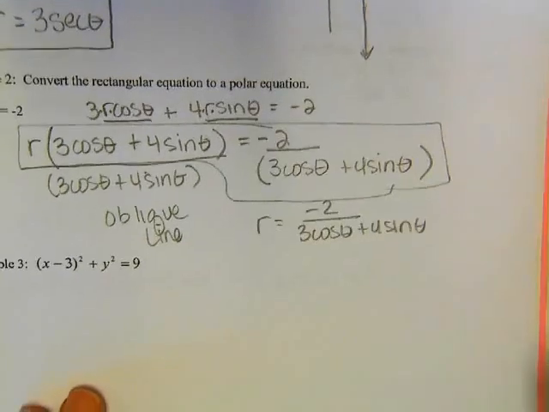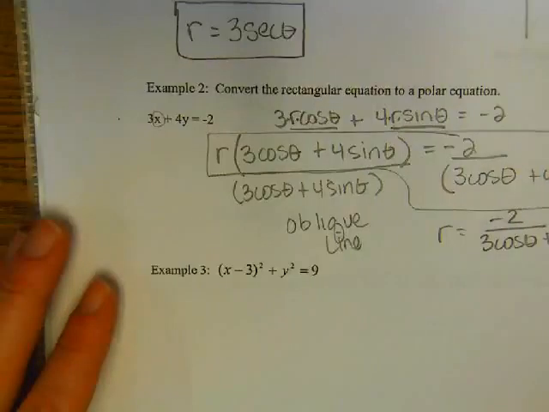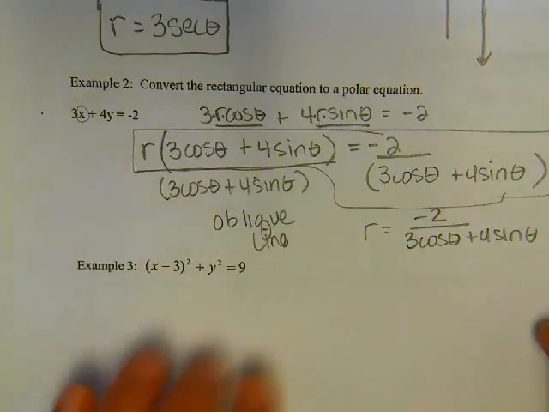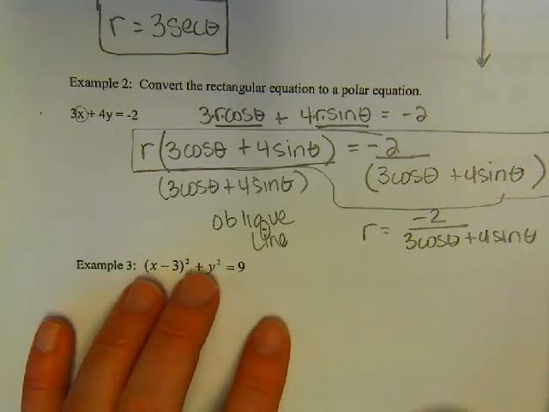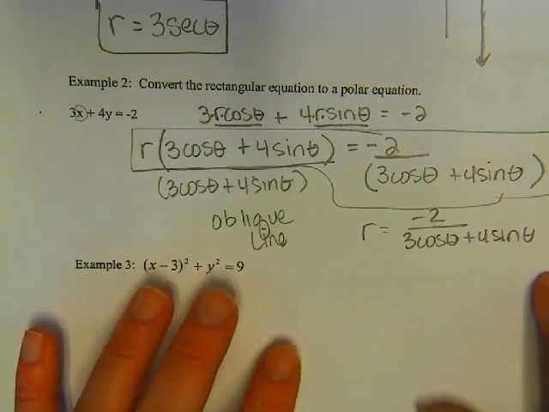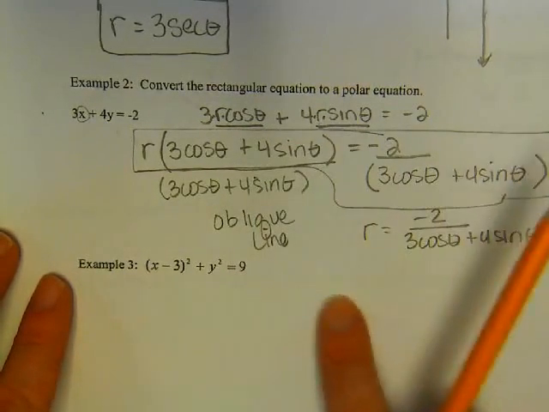Alright, let's take a look at the last example. So just in general, it's helpful to know what these shapes are before you're graphing them. Does anybody remember what this is going to look like?